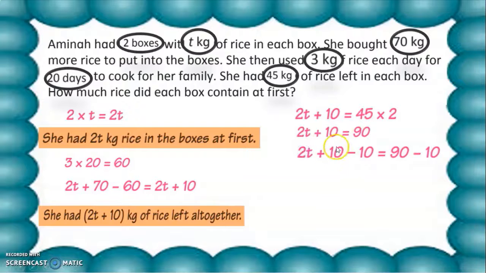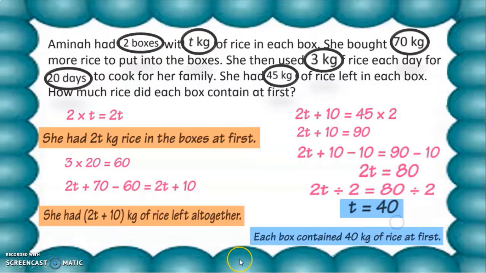We're going to subtract first. Use inverse operation. So we have 2t is equal to 80. 2t means times, right? So the inverse of times, we're going to divide. So 80 divided by 2 is equal to 40. So each box contains 40 kilograms of rice at first.